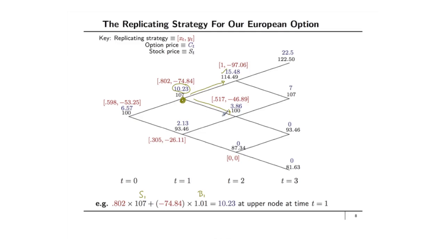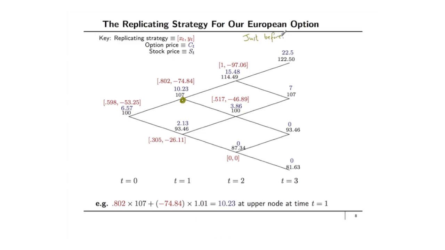Another check you can do here is you can actually check the self-financing condition. So here's how we can do that. The self-financing condition at this node should say that the value of the portfolio just before trading at this node equals the value of the portfolio just after trading at this node. So just before, what is the value of the portfolio?